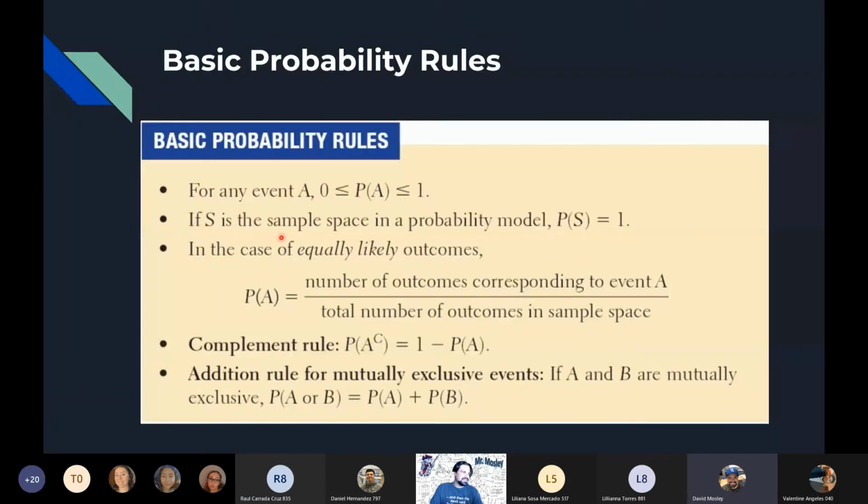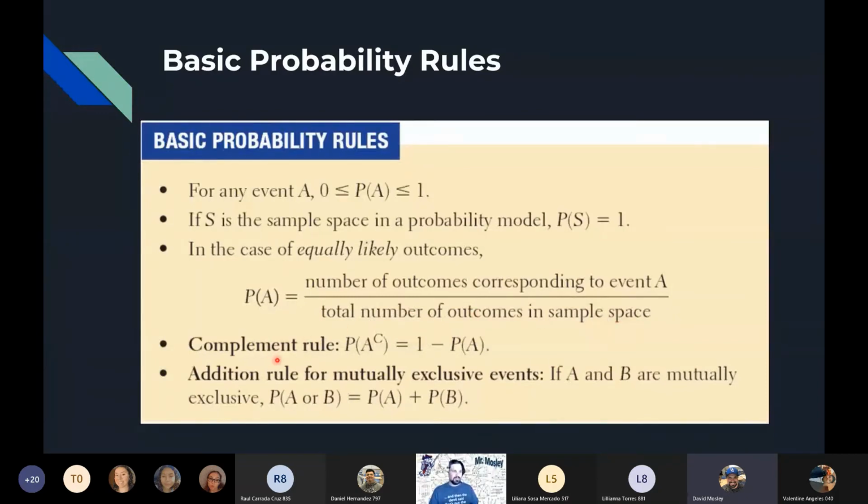If S is the sample space in a probability model, then the probability of S is 1. It's saying, what's the probability of one of these things happening? 100%. You're going to get one of the possibilities within your sample space. In the case of equally likely outcomes, probability of A is the number of outcomes corresponding to event A over the total number of outcomes in the sample space.